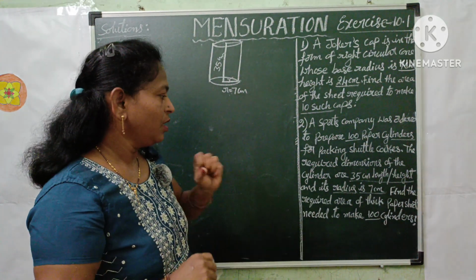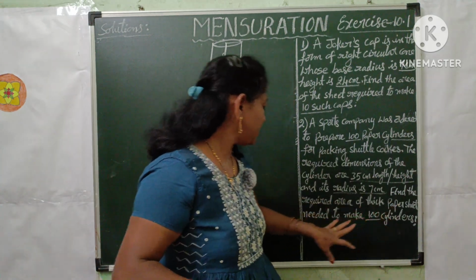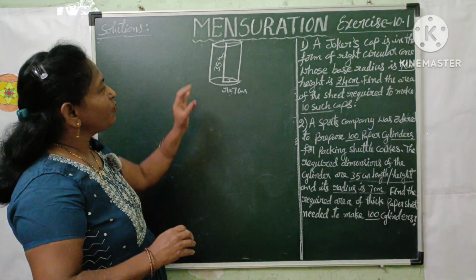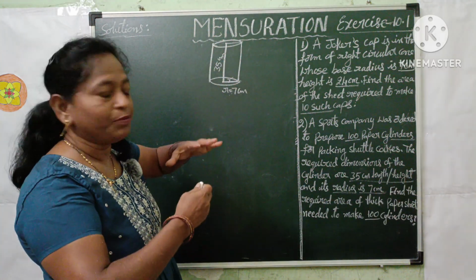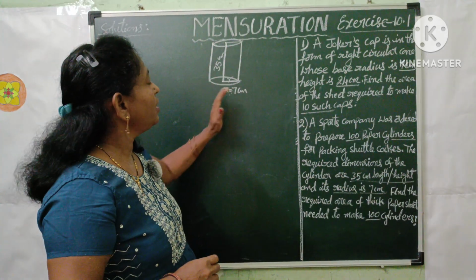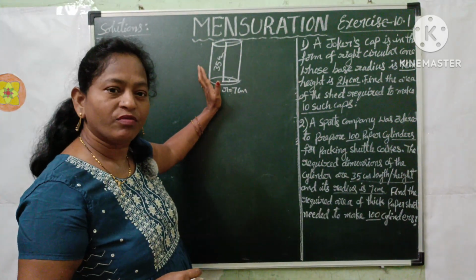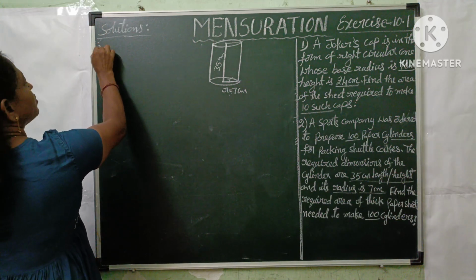Now first remember this: find the required area of the thick paper sheet needed to make. Here we are using not only the curved surface. For packing, a sealed packing means top and bottom are also counted. So here we are finding the total surface area of the cylinder.